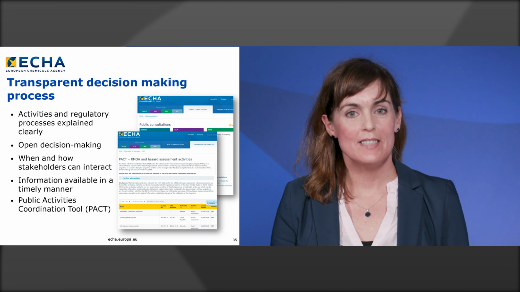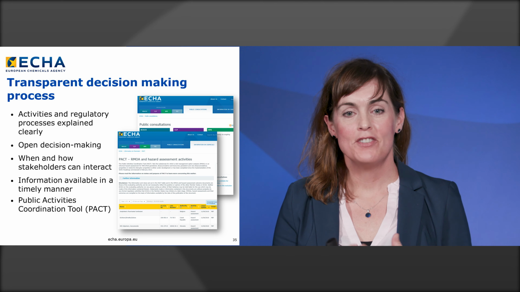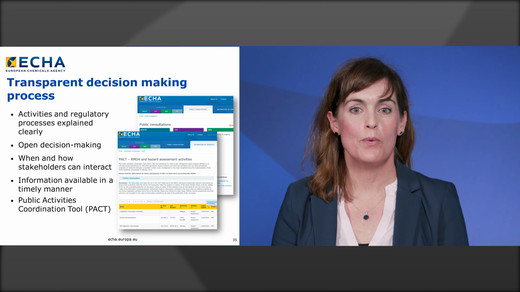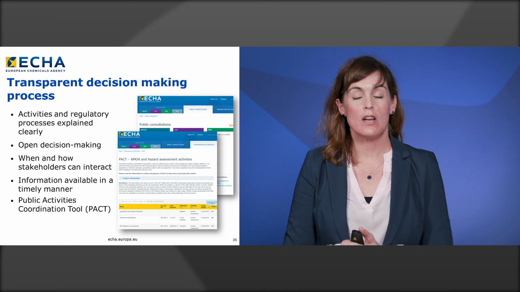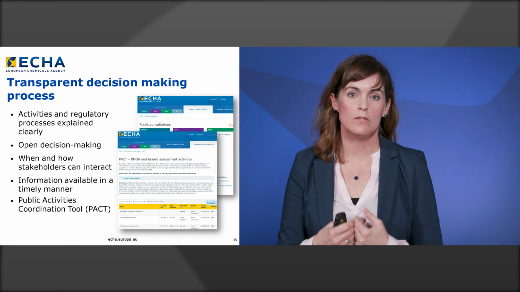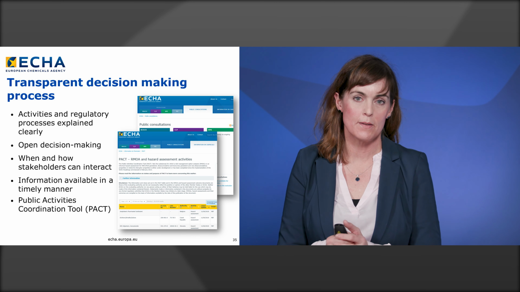Something that is not always considered when we talk about the achievements and success stories of the legal implementation of REACH in the EU is not just the data. We have consolidated a large volume of data, but we also have a long tradition of a transparent decision-making process.